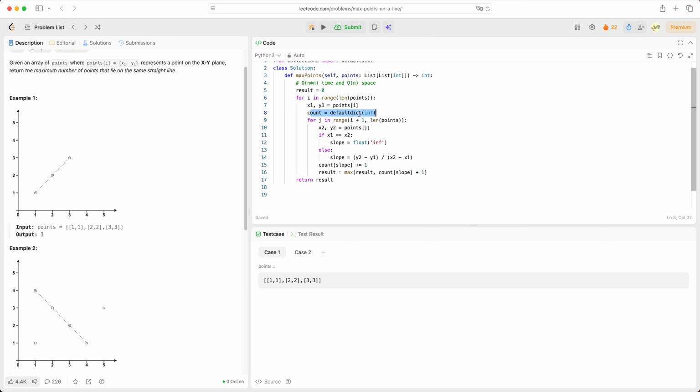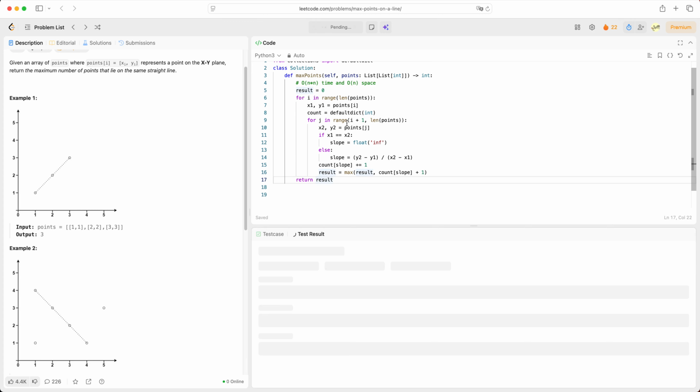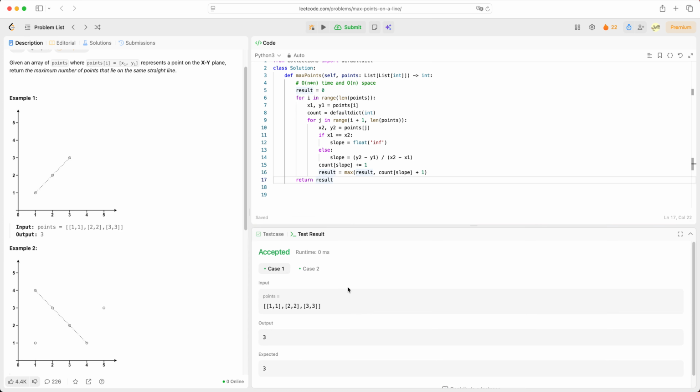So that's why you get away with creating this data structure in the inner loop. That means you reduce the space complexity from something like n squared to n, and you just have to update the final result. So let's run this. And it works just nicely.